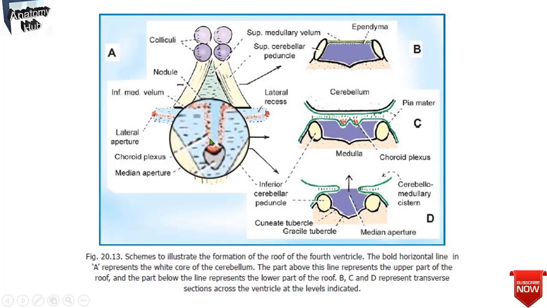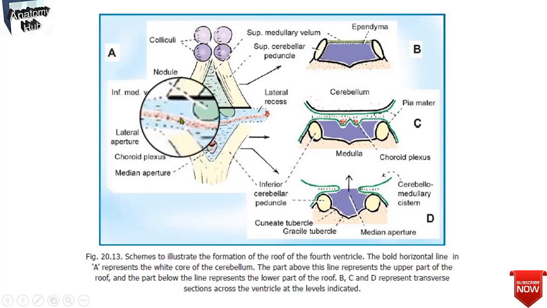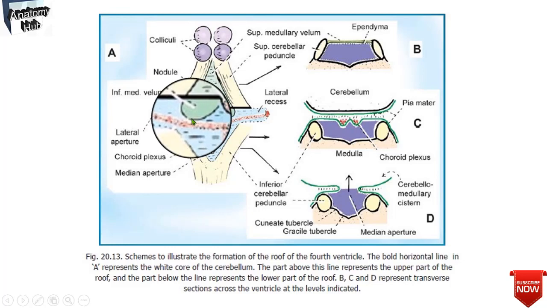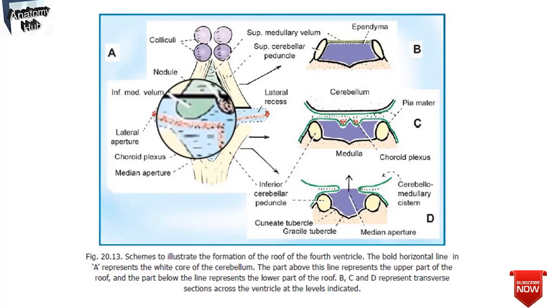Laterally on each side this membrane reaches and fuses with the inferior cerebellar peduncle. In the lower part of the membrane you will find a large aperture.